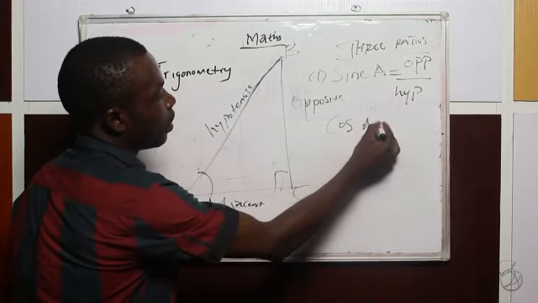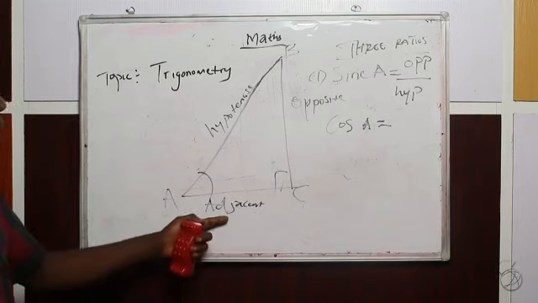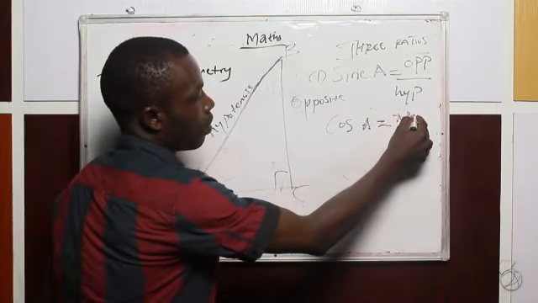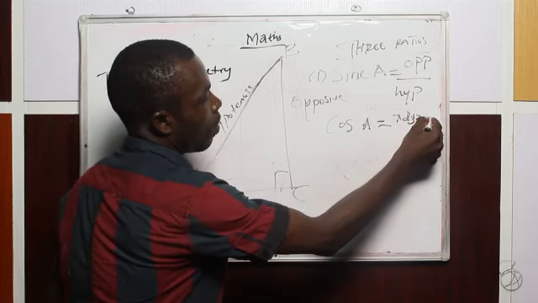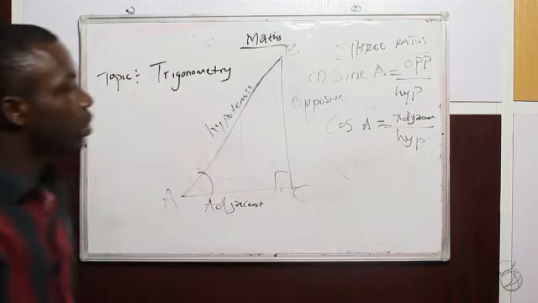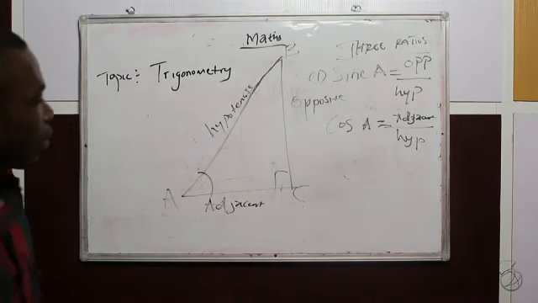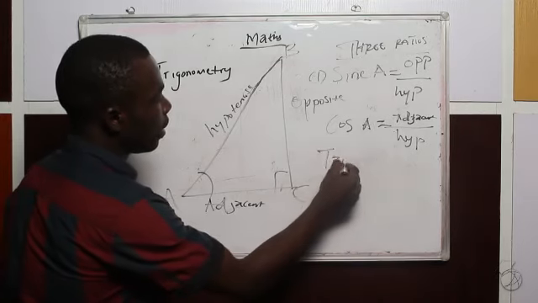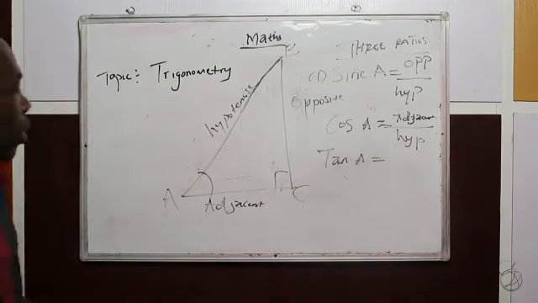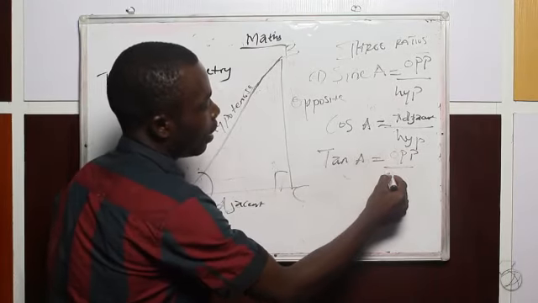Cos A is equal to adjacent over hypotenuse. The other ratio to be considered is called tan A. Tan A means opposite over adjacent.